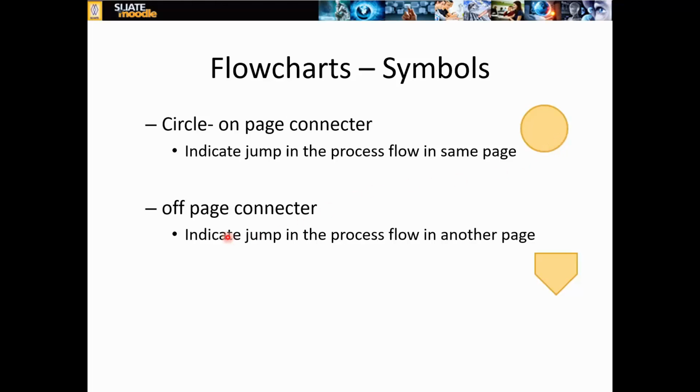And off-page connector, if your flowchart goes to another page, if you start from the first page and it continues to the second page, then you can link places with the help of this connector, right? These are just connectors.